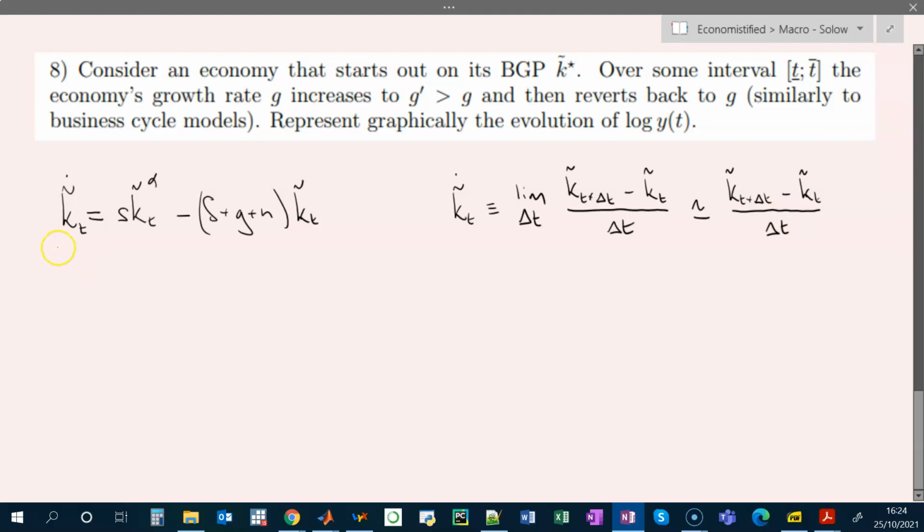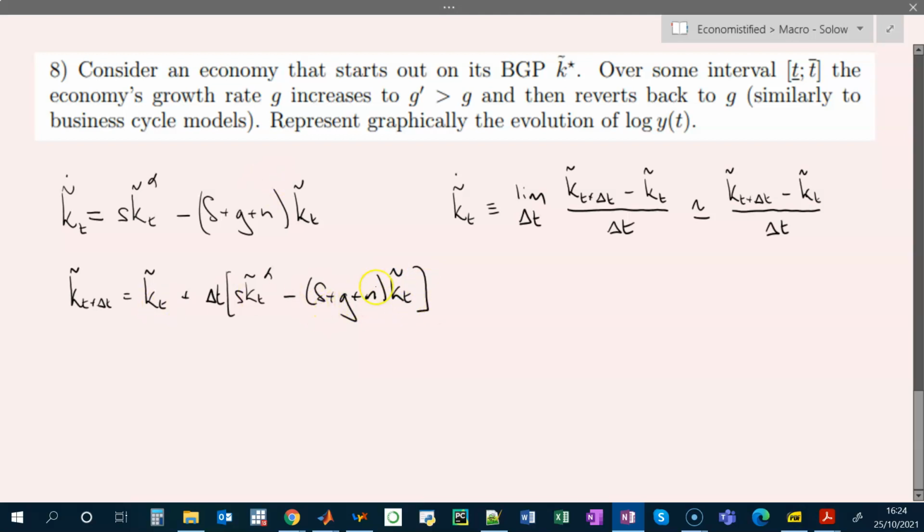And just rearranging this, of course, we get k tilde at t plus delta t is equal to k tilde at t plus delta t times this expression on the right hand side: s k tilde t to the alpha minus delta plus g plus n times k tilde t. So everything on the right hand side is known here.